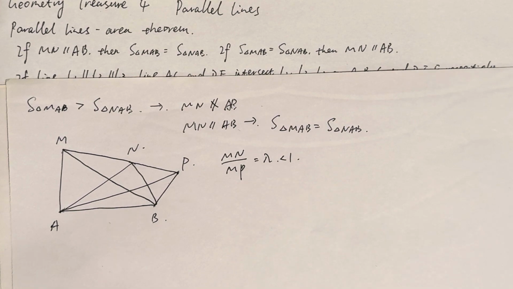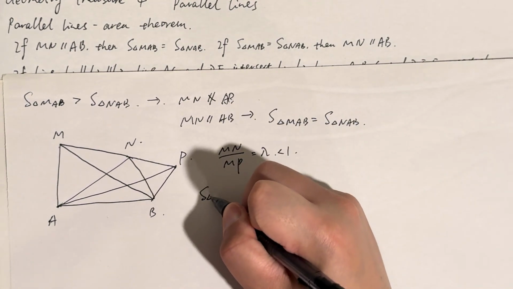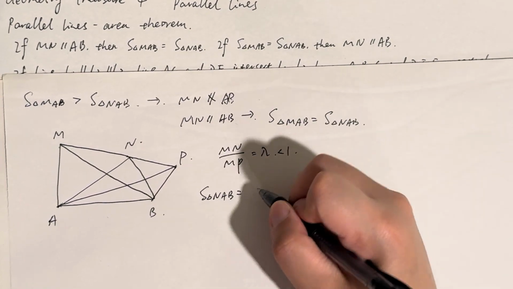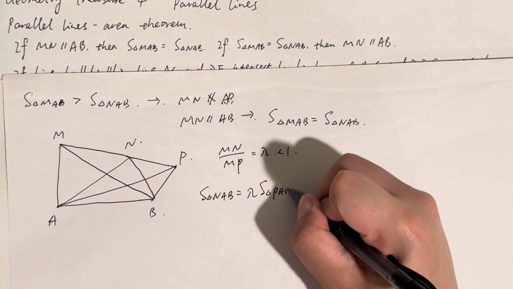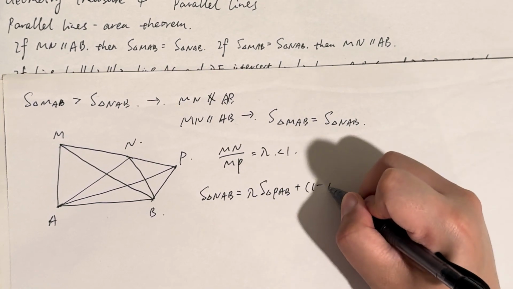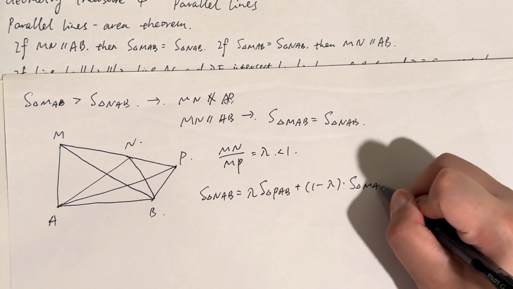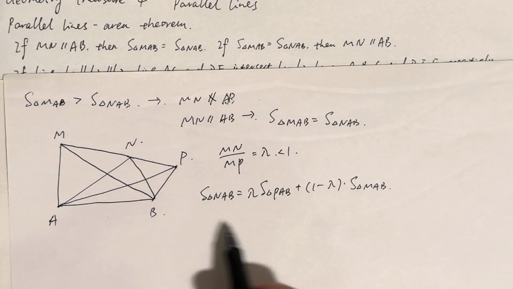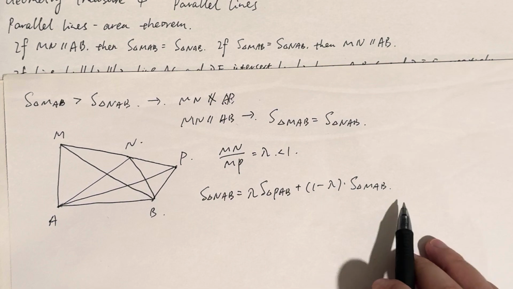And based on the definite proportion, we know that the area of triangle NAB equals lambda times the area of triangle PAB plus 1 minus lambda times the area of triangle MAB, right? That's what we already learned based on the definite proportion.